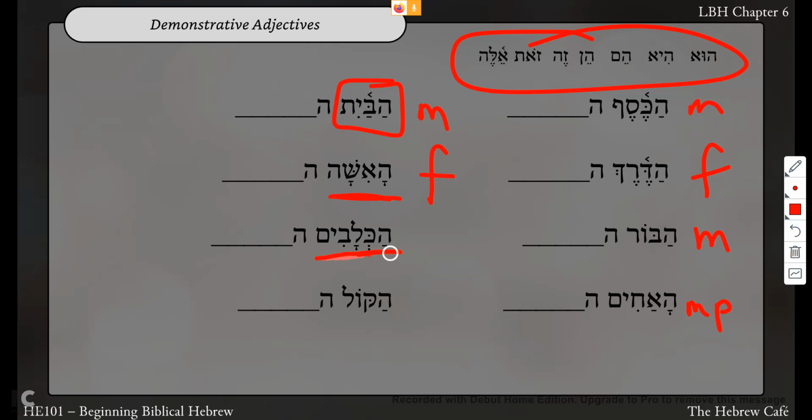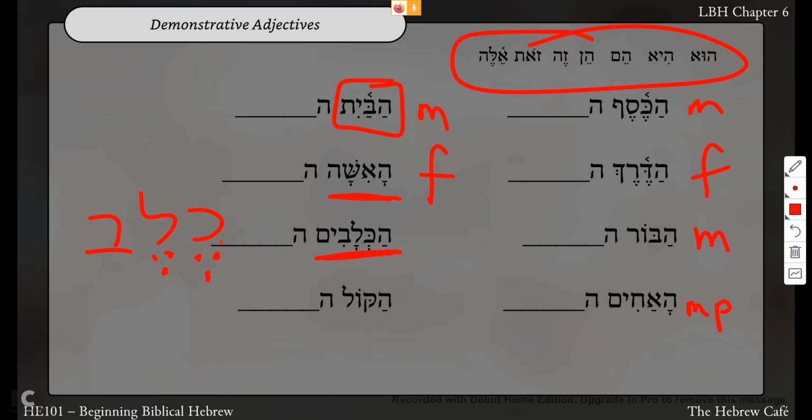Klavim is from kelev. Masculine or feminine? You remember kelev, what it means? Dog.